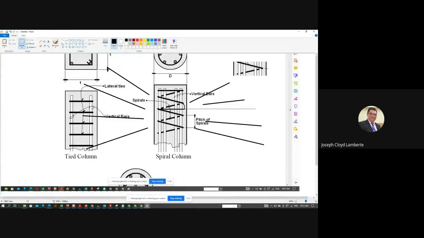That is the area of the concrete core. It has a diameter, so the section is circular, but it is the concrete core only. It is the diameter of the concrete core times the depth. That depth is actually the spacing, or the pitch.